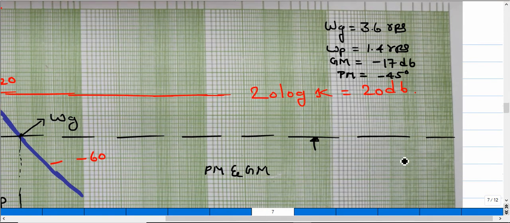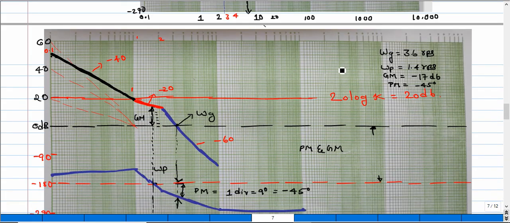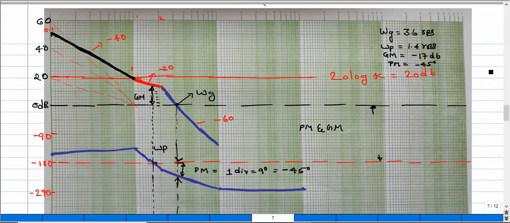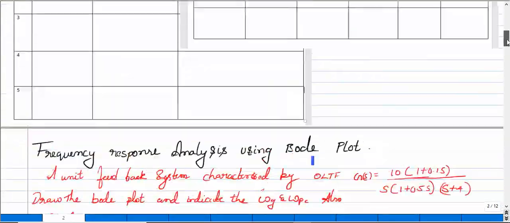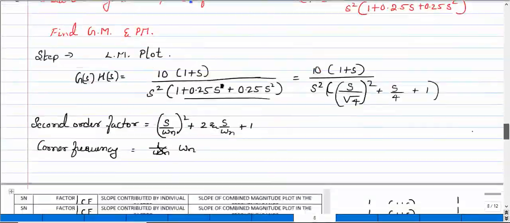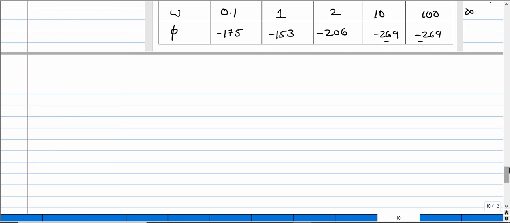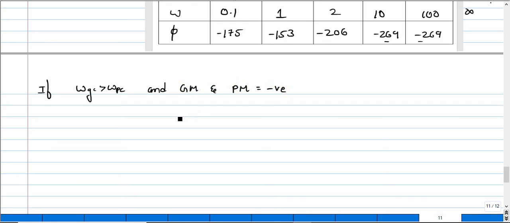Now finally we are left with commenting on stability. Let me tell you the statement. If omega gc is greater than omega pc, and gain margin and phase margin are both negative, we call the system unstable.